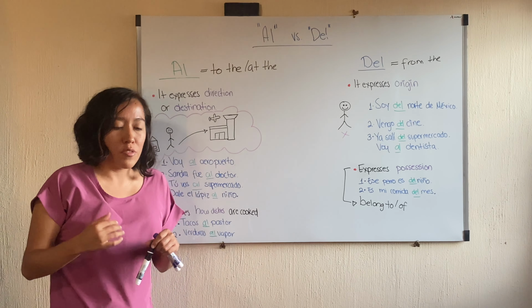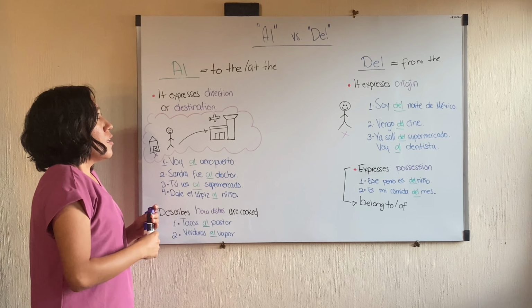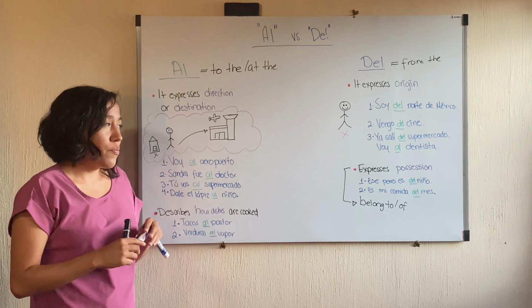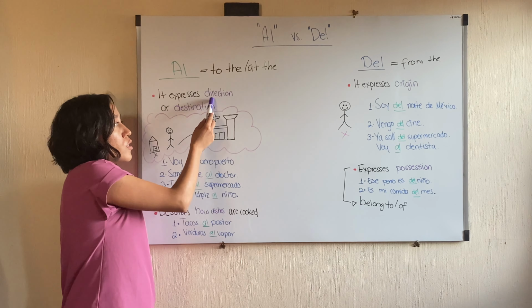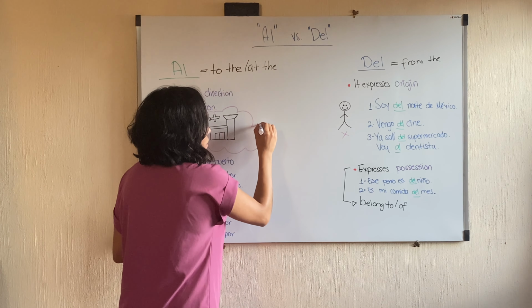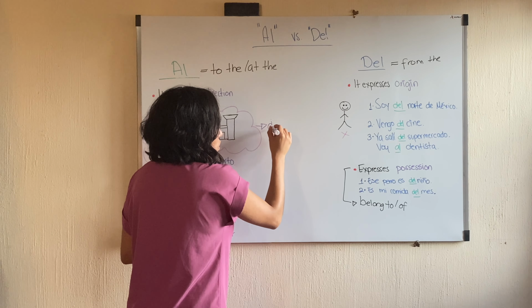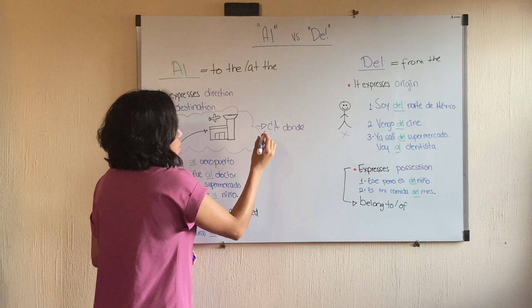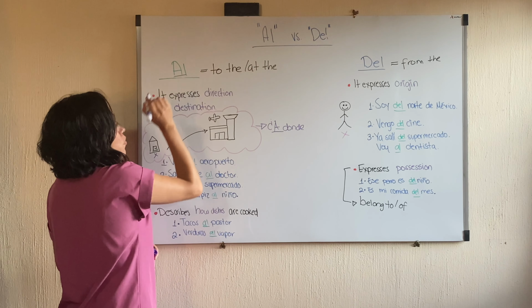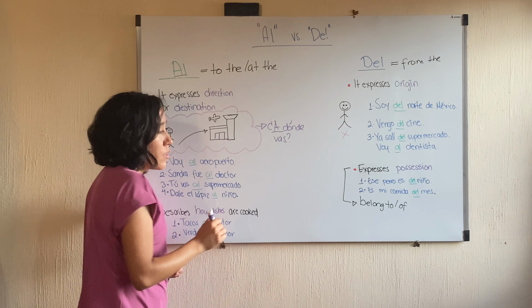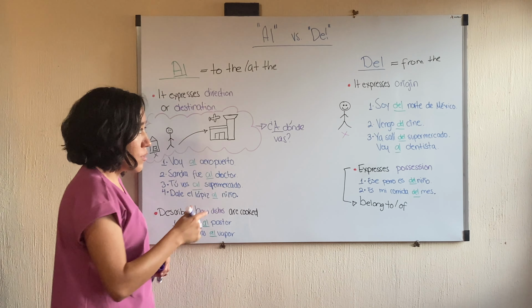I'm going to give you a really quick tip to determine if you have to use al or del. When talking about direction or destination, al responds to the question ¿a dónde? And if you see, I'm using the same preposition. ¿A dónde vas? Where are you going to?